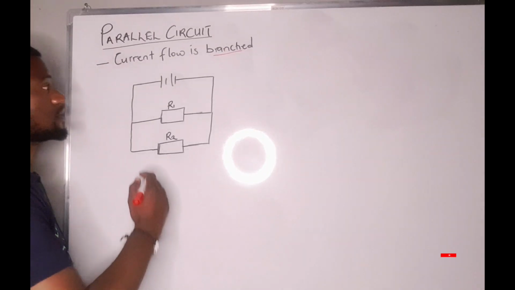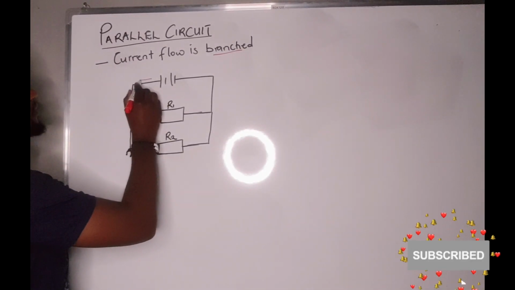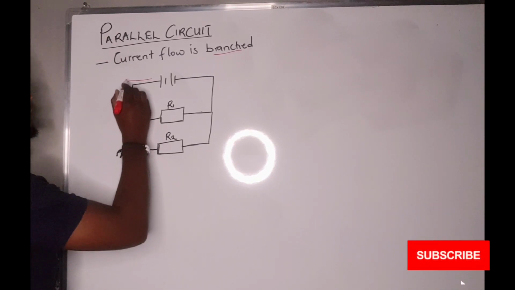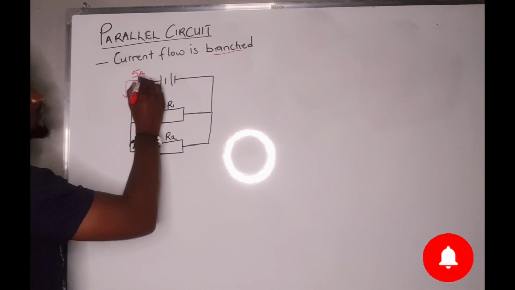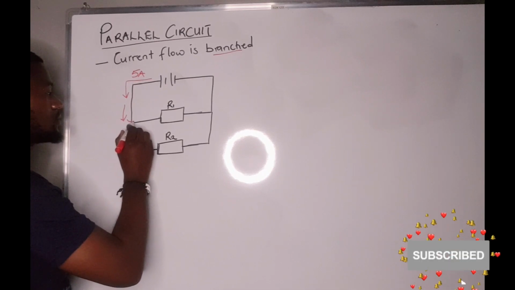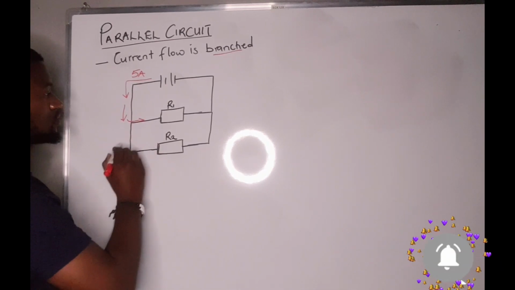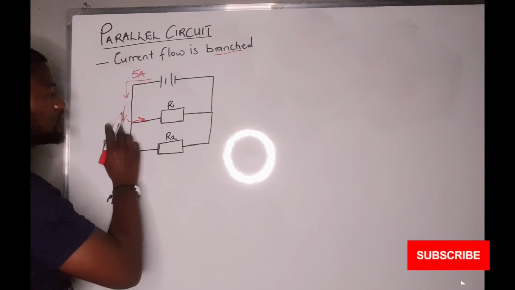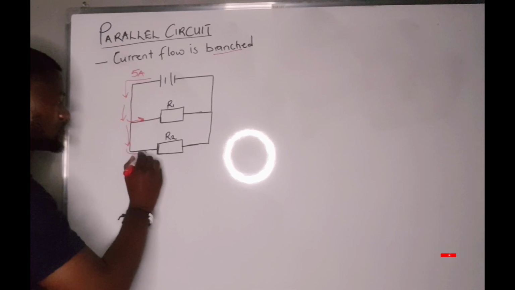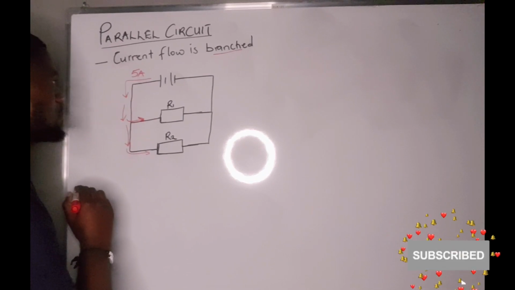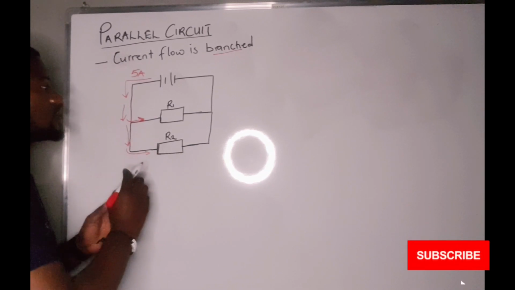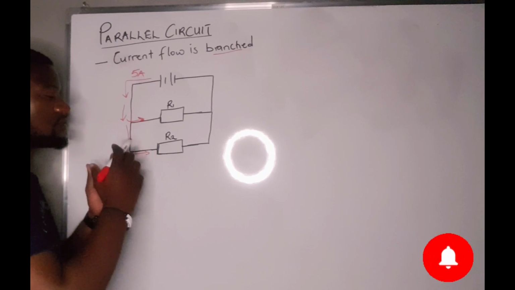For example, if we have a current flowing through this circuit, we take it that we have 5 amps that is flowing. As the current is flowing, some of the current will flow through this resistor, some of the current will flow through this other resistor. But the division of the current will depend on the amount of the resistor.